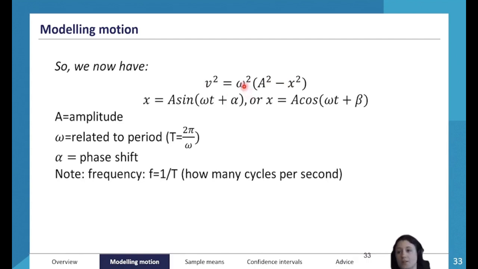The omega, this is a lowercase omega, is the angular velocity. So, it's kind of like how many degrees the object covers in a certain period of time, almost, right?